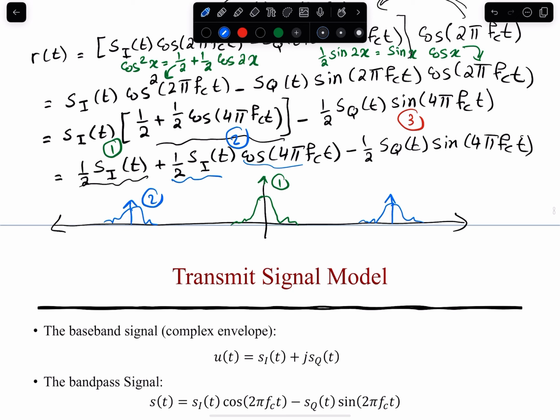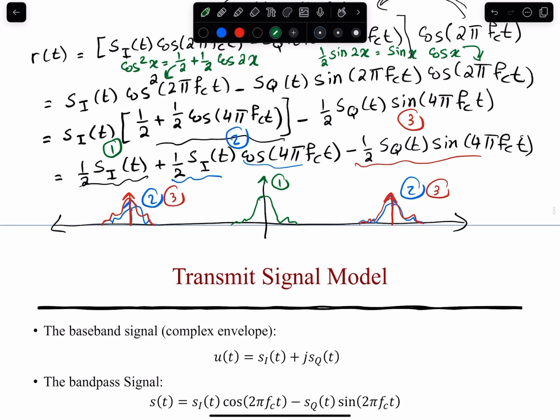So this is the second signal. The third signal, this one, is going to be half multiplied by s_Q(t) multiplied by sine. So it's going to be like two other replicas around the same carrier frequency, basically.